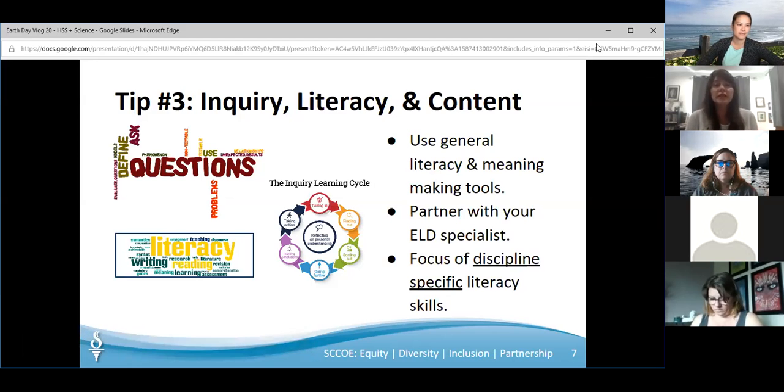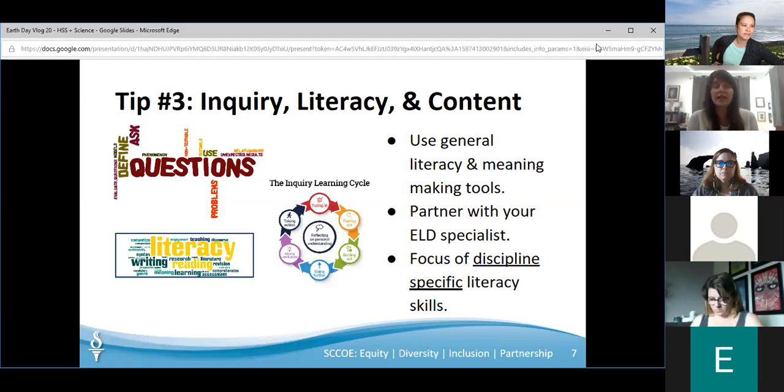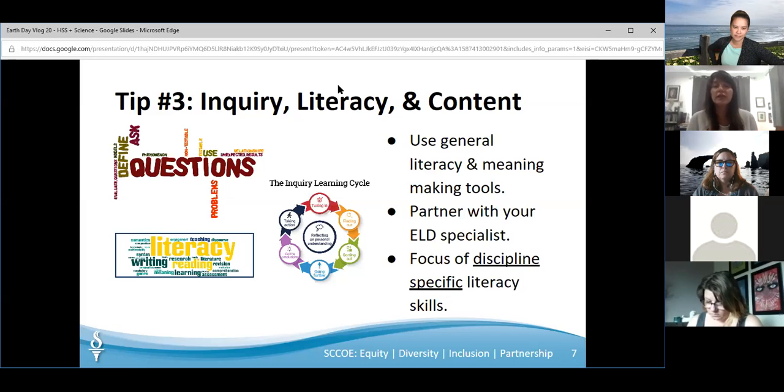Focus on literacy, so using general literacy and meaning-making tools. And you can get support from your content frameworks, which should have information about that. Another way to apply these general literacy and meaning-making tools is to partner with your ELD specialist and ask them if they have any resources or graphic organizers that they use, and then to focus on discipline-specific literacy skills.